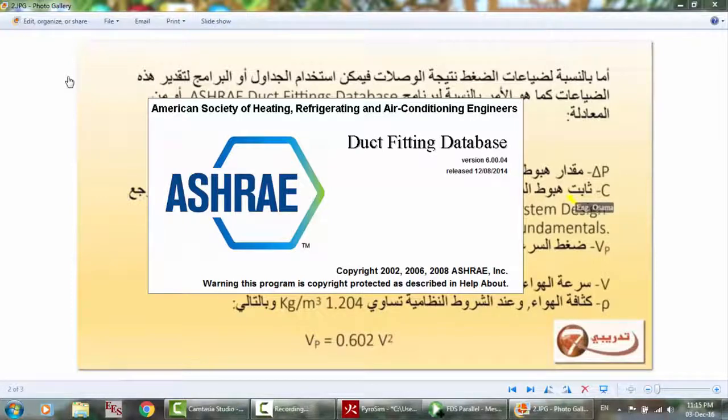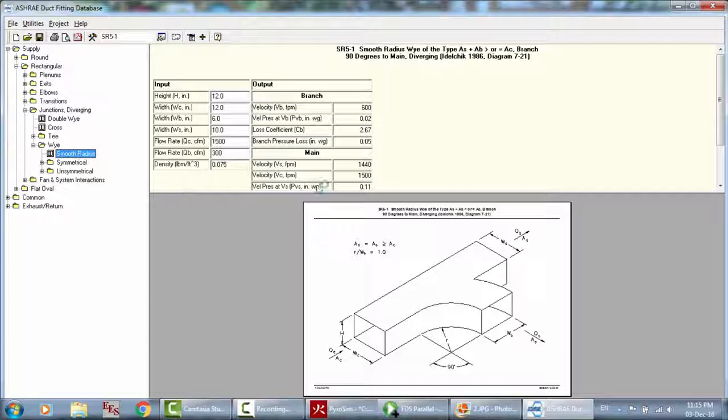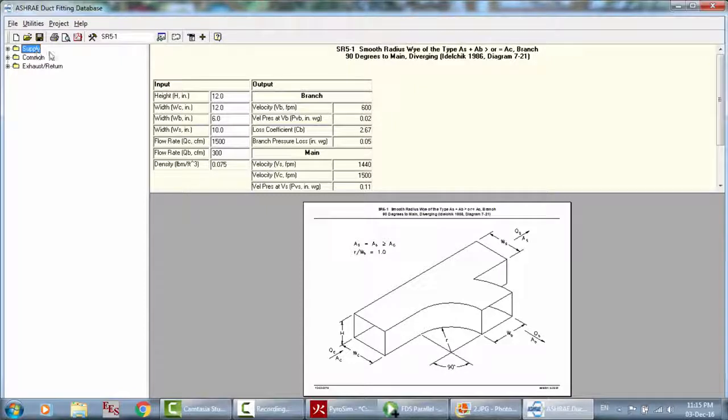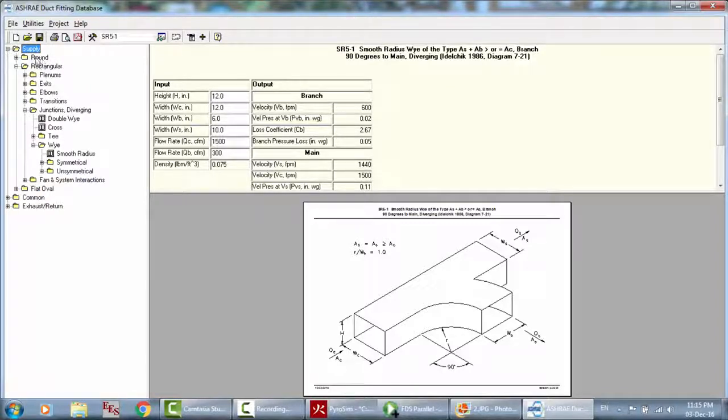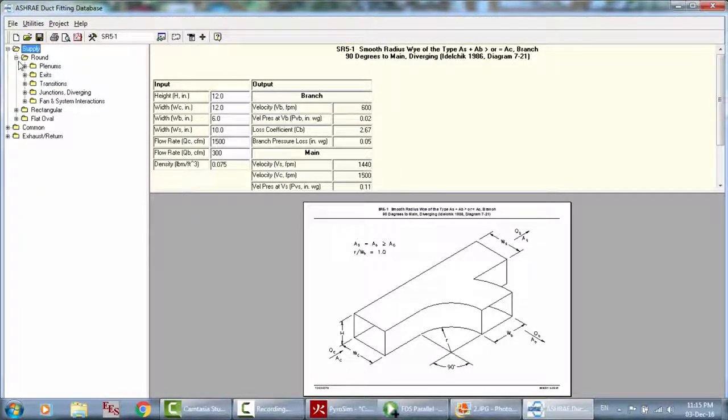Here we can see whether this fitting is installed as a supply fitting, or a return fitting, or common. It may be used as a supply or a return. So here the round plenums, exits, transitions, junctions, diverging T-junction, non-conical branch.